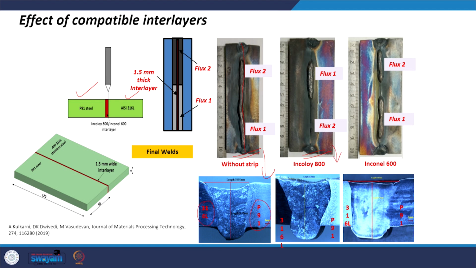Then Incoloy 800 was used as a filler, or interlayer, between P91 and 316, and then Incoloy 800 and Inconel 600 were used as interlayers, and the cross section was studied.